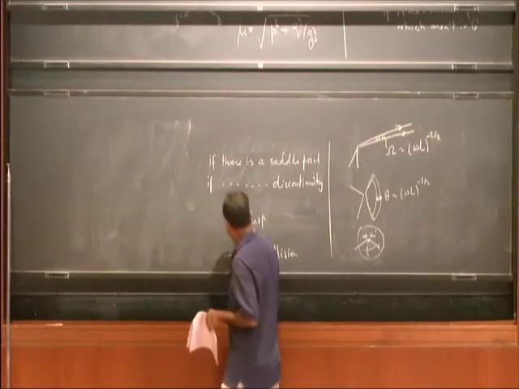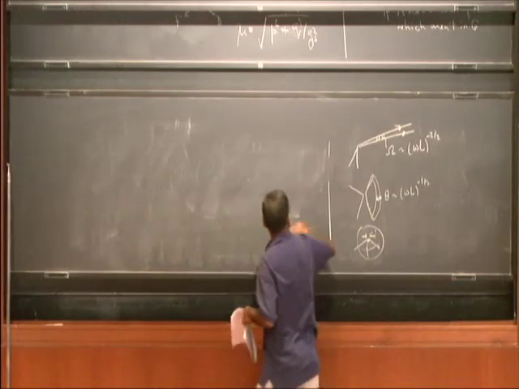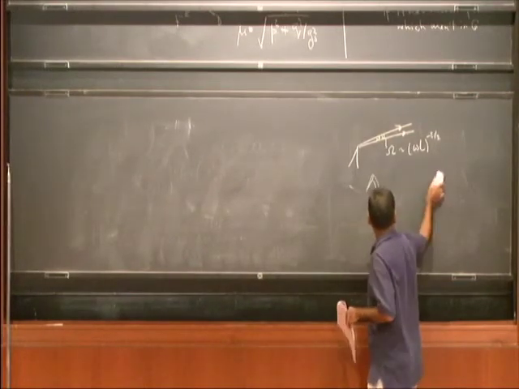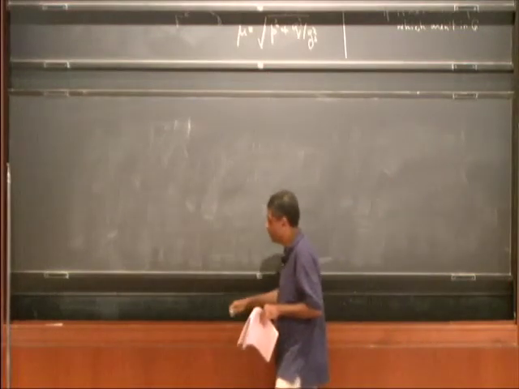Now, the interesting thing is that the kinks can be shallow or sharp, and the question is, what is the distribution of these kinks?